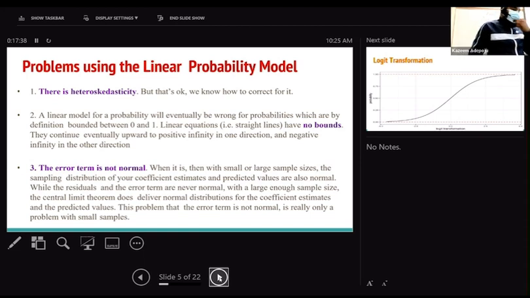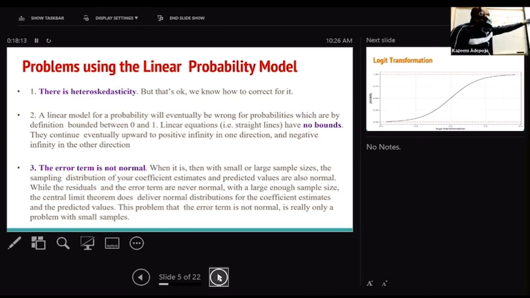Another potential problem is that you're going to have nonsensical predictions. You know why? Because the outcome variable, which is y, is going to be between 0 and 1, because we're going to have a label. When you are giving admission, we can label that 1. Not giving admission, we can label that 0. Because don't forget, your response variable is categorical.